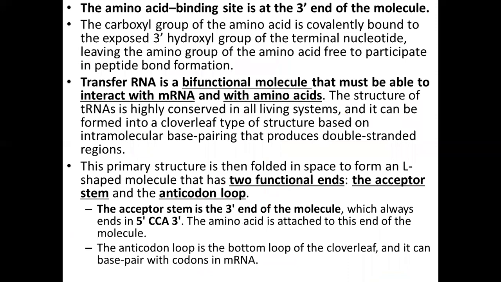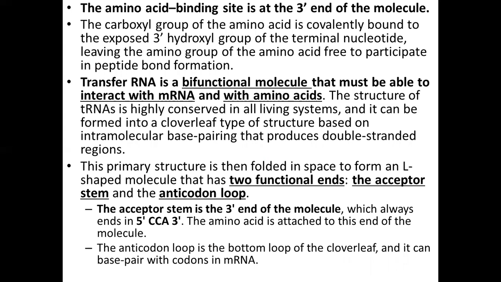So transfer RNA is a bifunctional molecule. It has two functions. It has to be able to interact with the messenger RNA at the anticodon loop, and it should also be able to interact with the amino acids at the acceptor stem or acceptor arm.